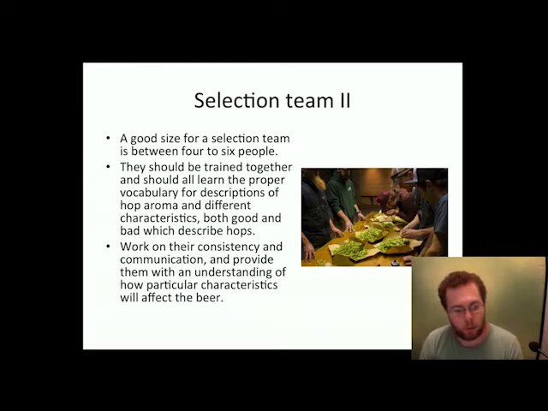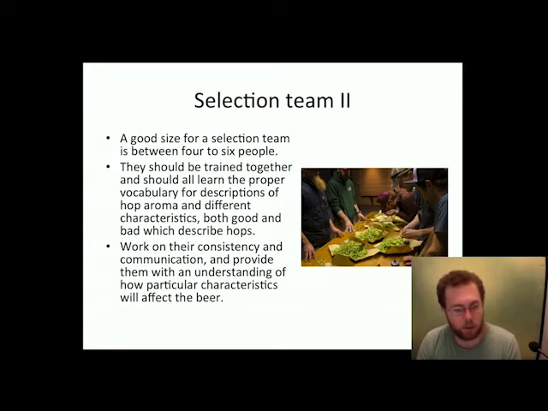Also work on understanding not just the hops, but how the hops are going to interact with the beer. If the hops aren't very good, obviously that's an issue, but also hops that are too good, you might not find hops that good again.